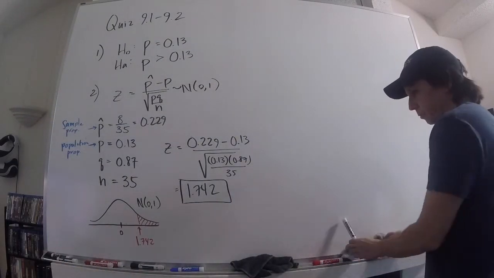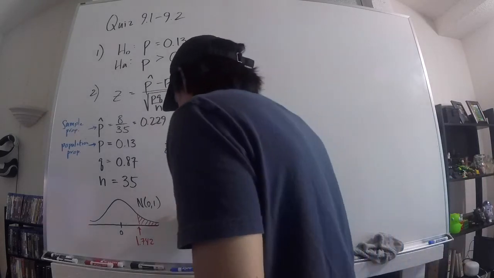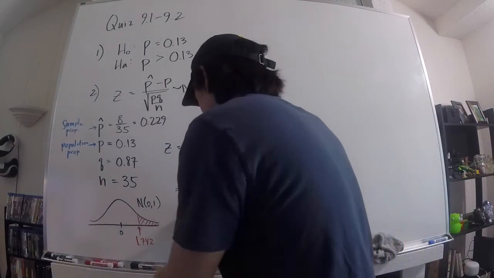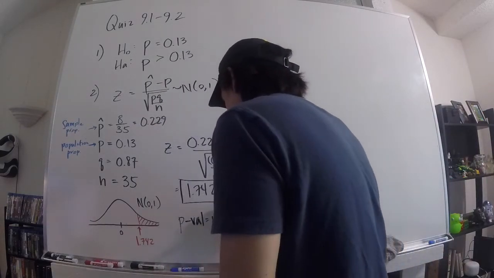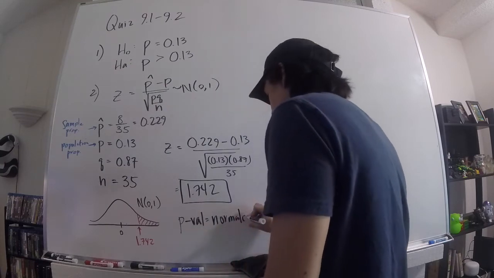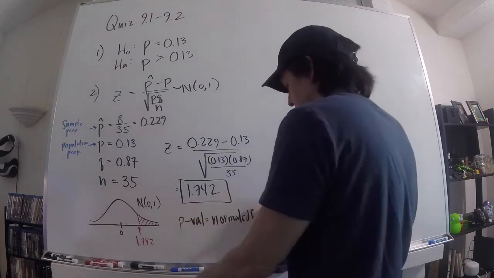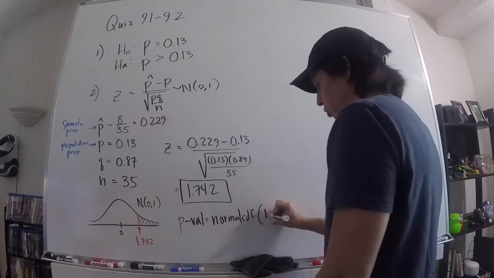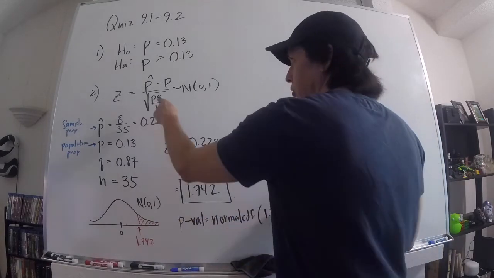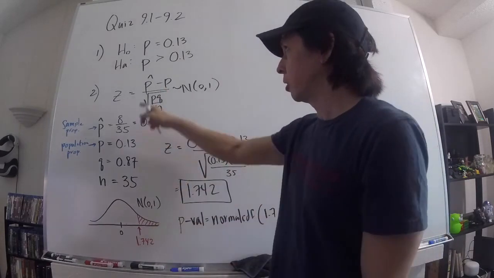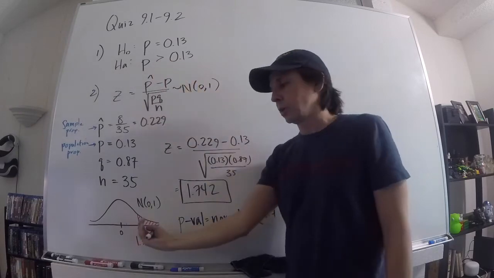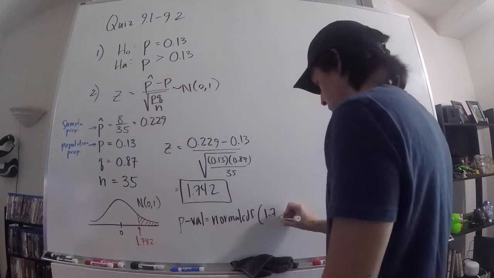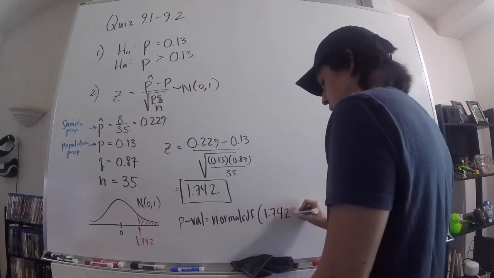Anyway, my p-value, the picture helps strictly because I need to do normal CDF. It's a normal distribution. I've got to do my lower bound, which is at the z-score, because I'm doing a right tail test. Not because it's close to the right tail, but because right here we're testing if it's above the 13% they claim. 1.742.